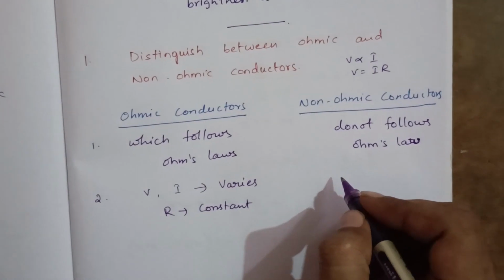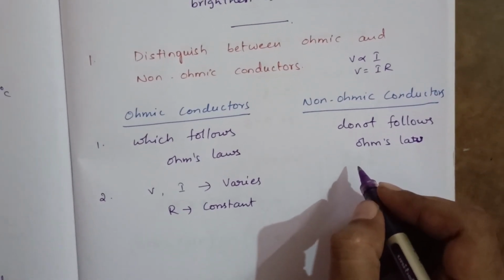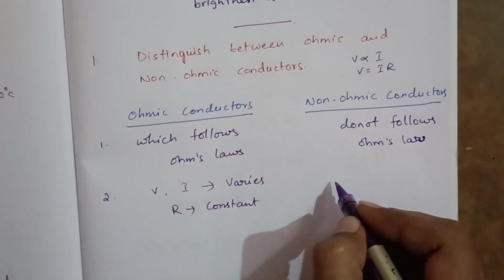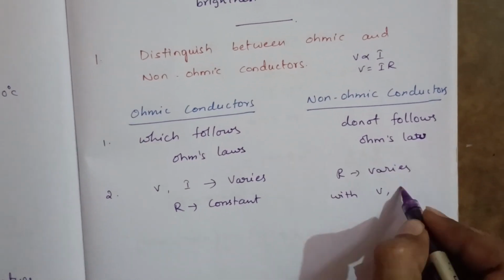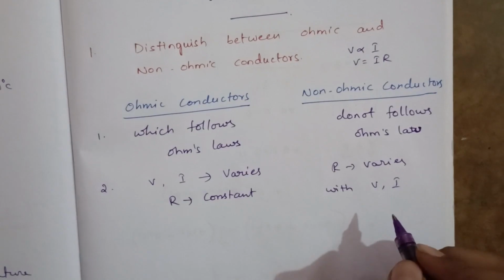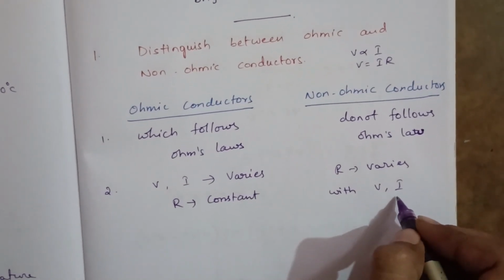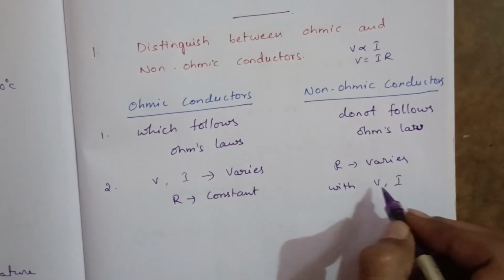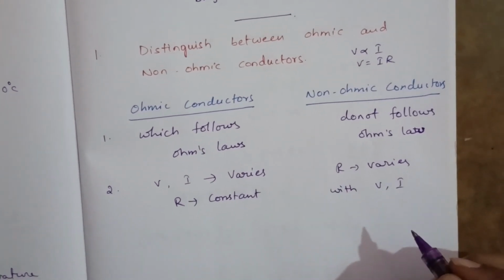But in non-ohmic conductors, the resistance of the conductor also varies. Along with voltage and current, resistance also changes as we change voltage and current.